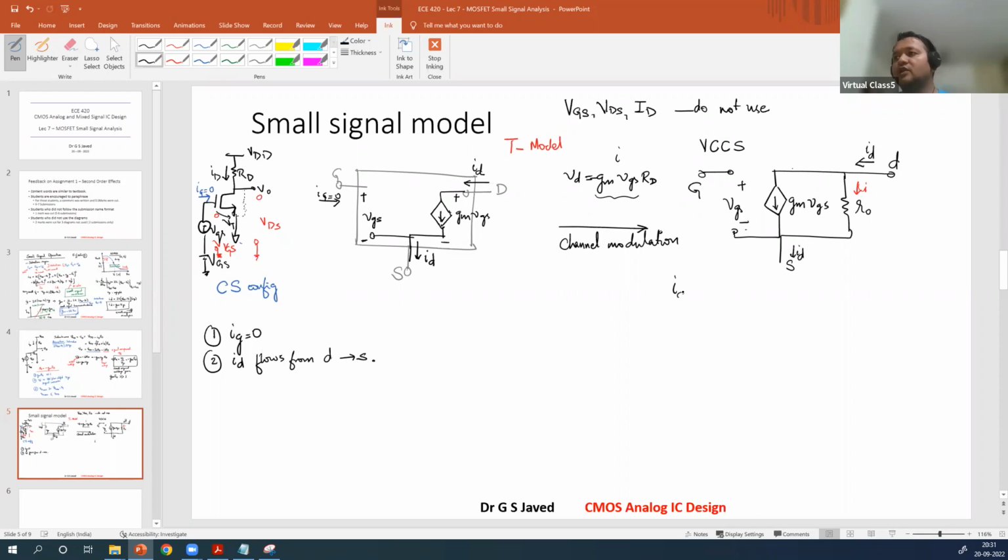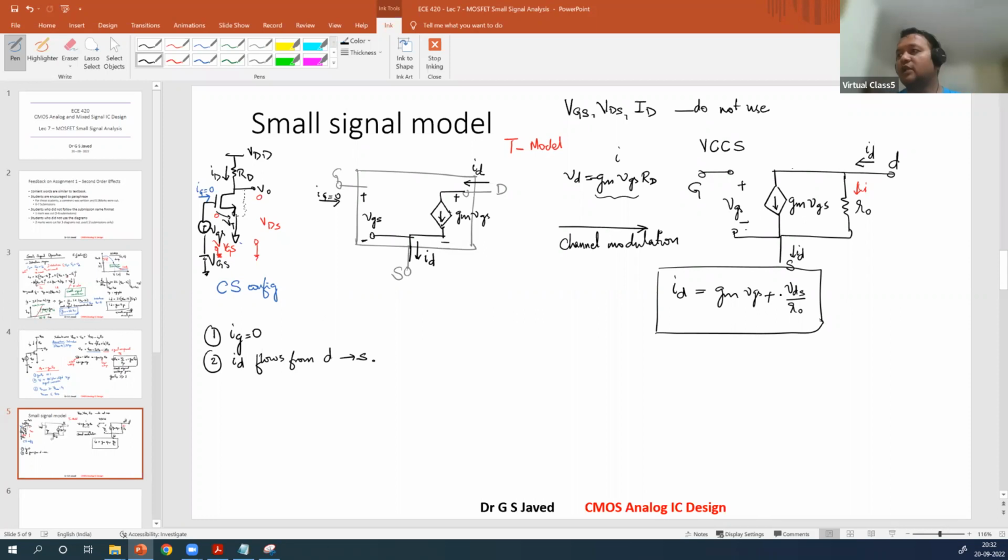Kirchhoff's current law says total ID is gm VGS, that is this value, plus the voltage between these two resistances, D to S, VDS by R0. So VDS by R0 is going to be the actual drain current with channel length modulation.